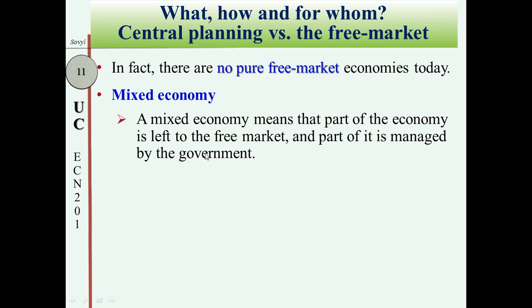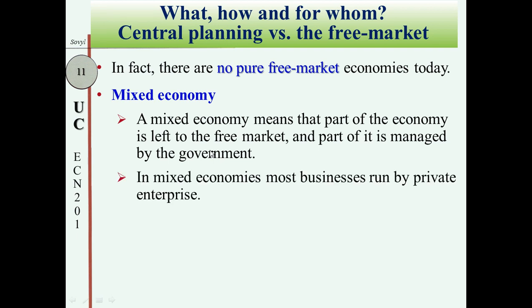This is a mix between planned economy and free market economy. In mixed economies, most businesses are run by private companies, private enterprise. Government still has some, but very few businesses run by government. Most of the businesses in the economy are run by private enterprise, I mean private companies.